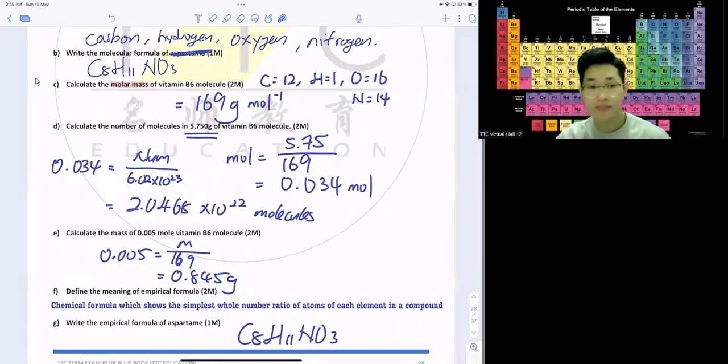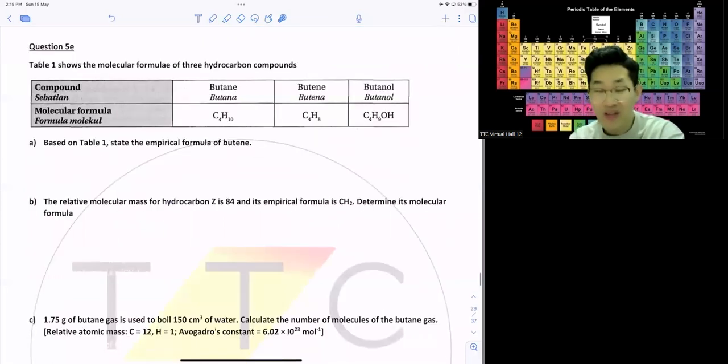Okay, next page. We want to find the molecular formula from the empirical formula.